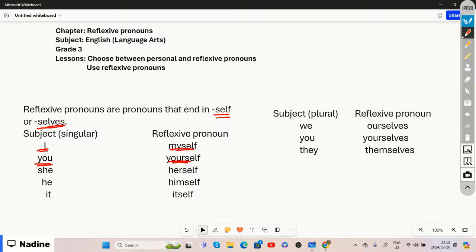But let us also give the others an opportunity to understand what a reflexive pronoun is, or the difference between a reflexive pronoun and a personal pronoun. So let's give the other students the opportunity to get an explanation of what the lesson is about. Thank you.